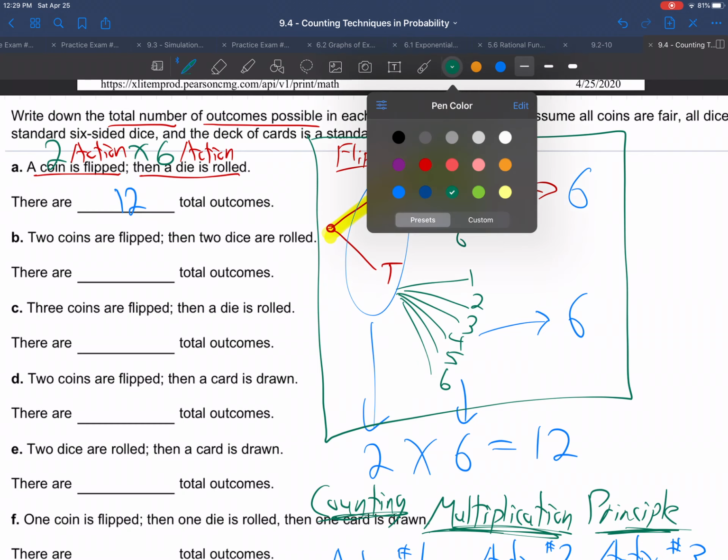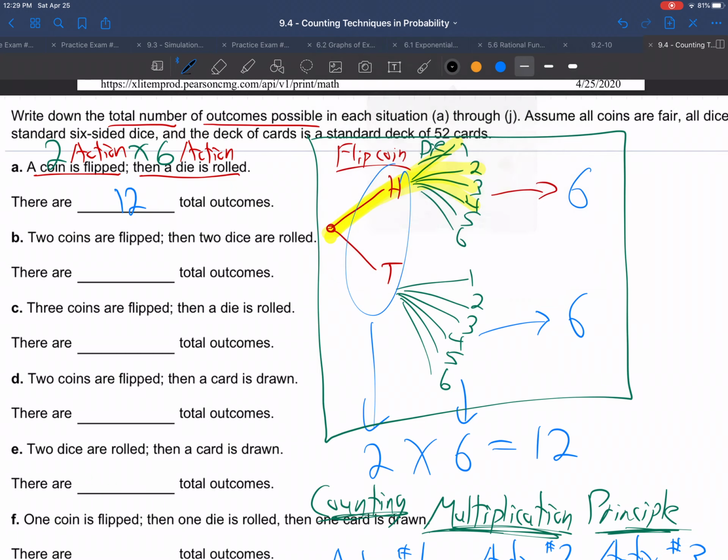So the rest now should be quicker and easier for us. Let's try. 2 coins are flipped, and 2 dice are rolled. So how are we going to do that? Well, the first coin, there's 2 possibilities. The second coin, there's 2 possibilities.